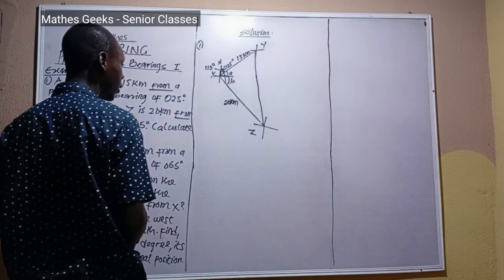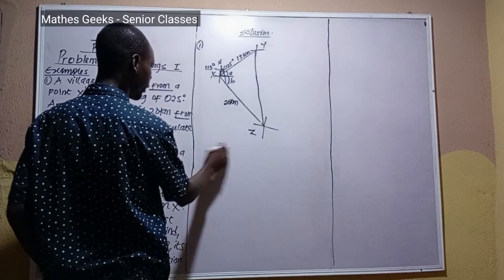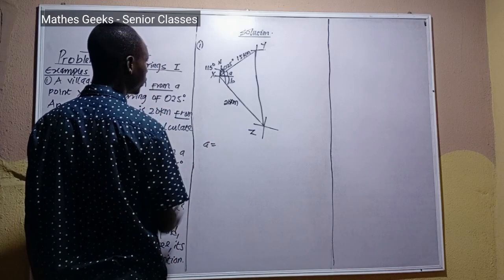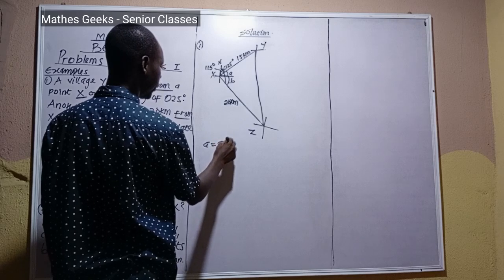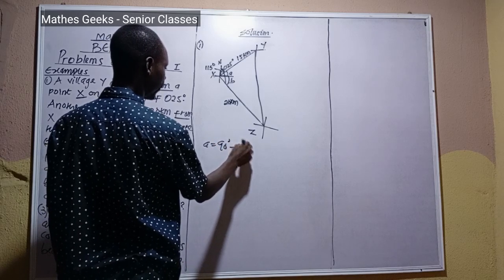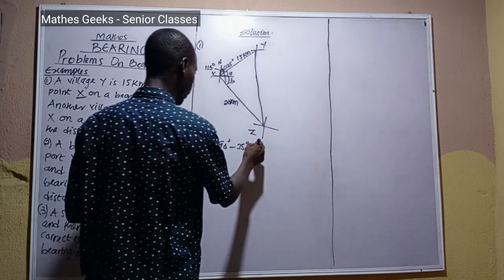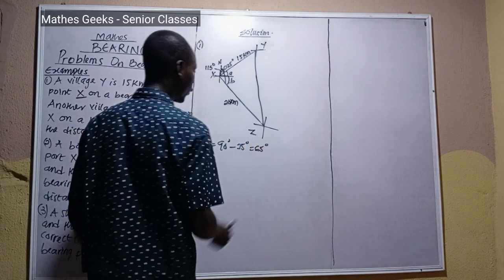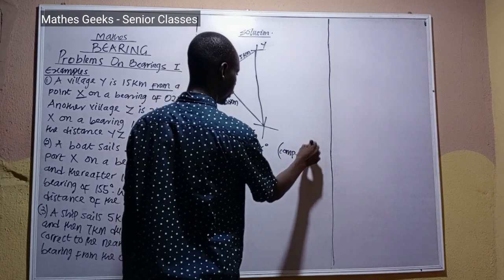So from here, we're going to say A is equal to 25 degrees. O is equal to 90 degrees minus 25 degrees, and that will give us 65 degrees. Why is it so? Because they are complementary angles.